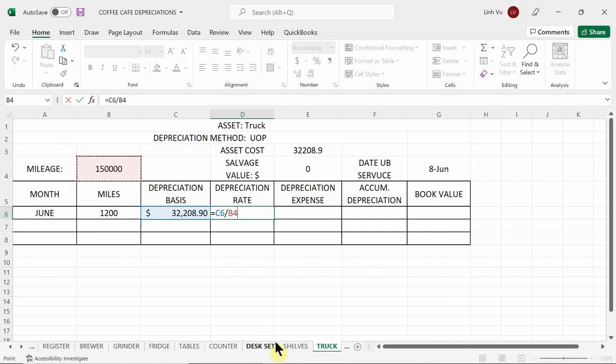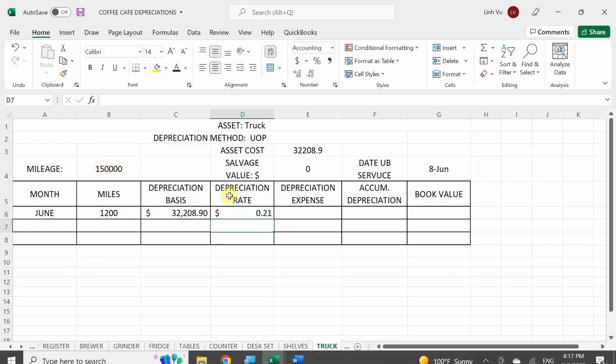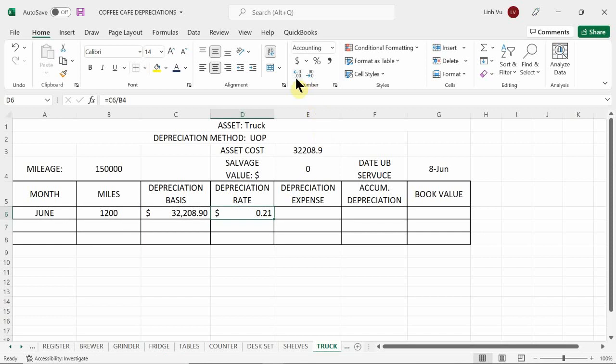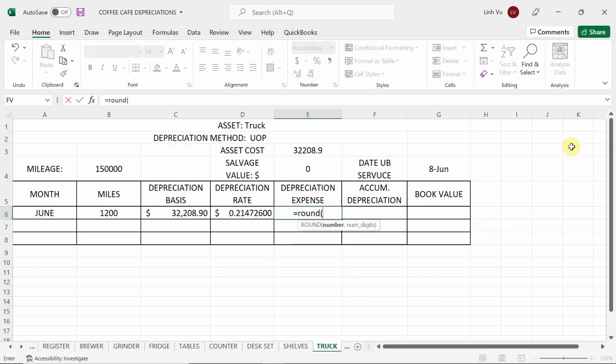So that means how much is it going to cost me per mile that I drive it? In this case, it says 21 cents, but let's go ahead and expand that because it could be more or less. So in this case, if I expand it, it's going to be 21,472.6.